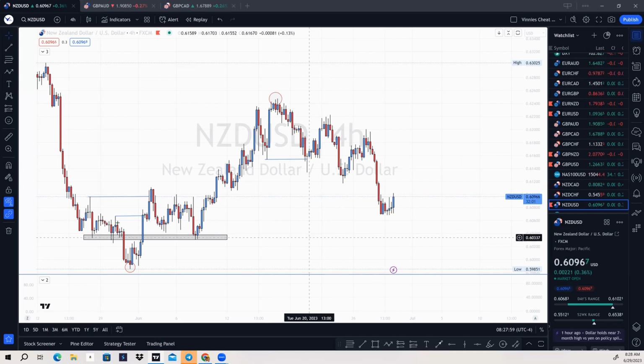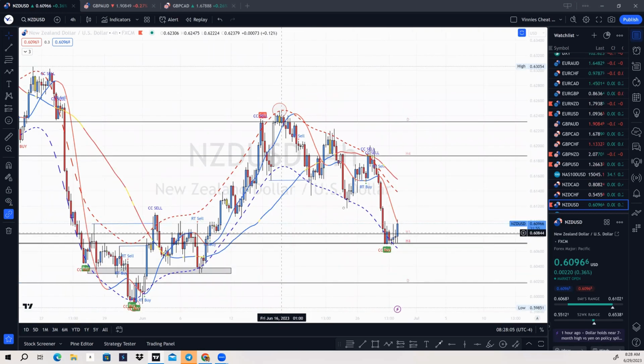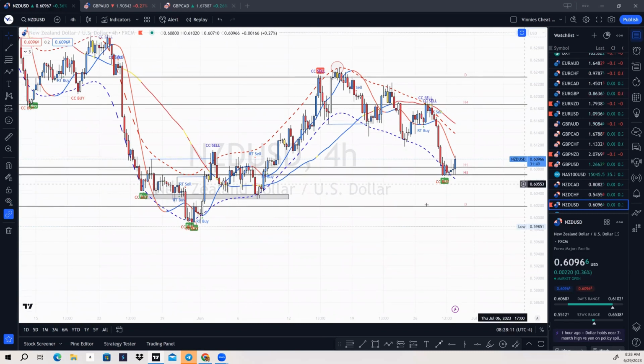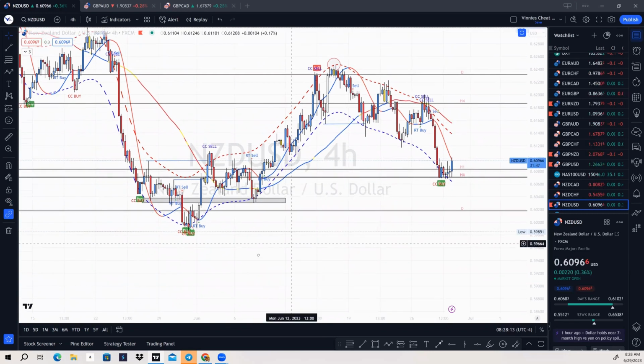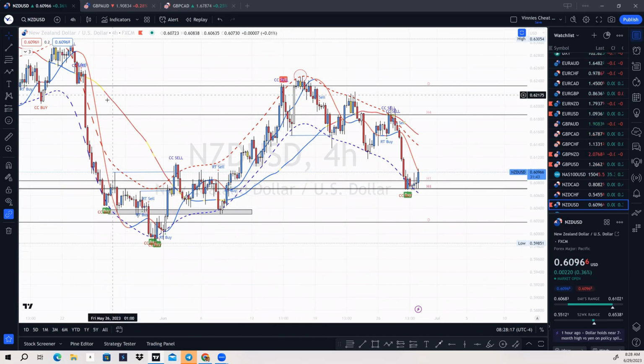Let me show you an easier way to identify this, which is simply turning on Vinny's trading cheat code indicator. This indicator is going to identify your trend change. What we use to identify that is the 47 moving average.